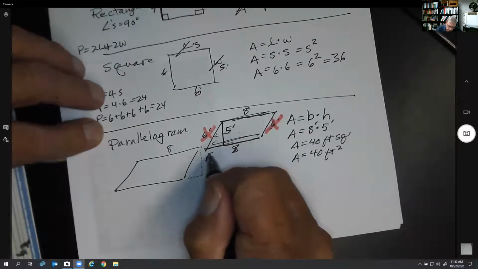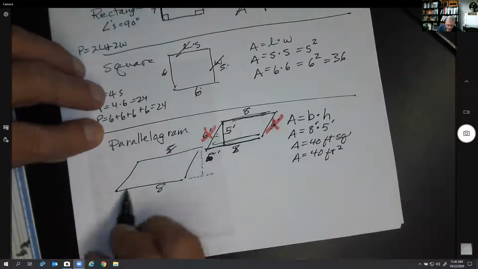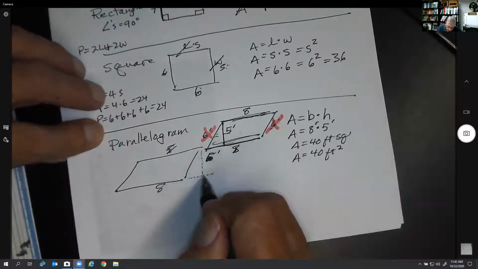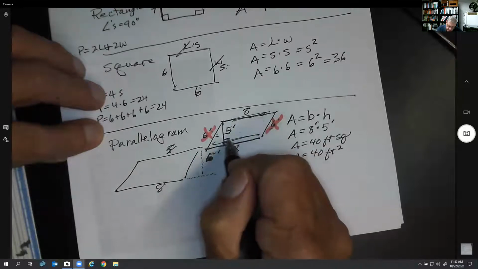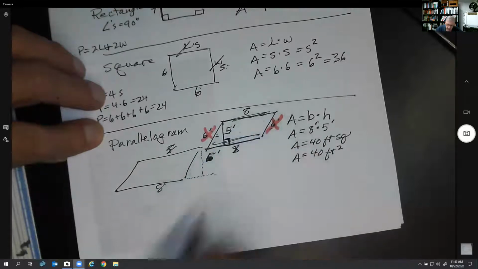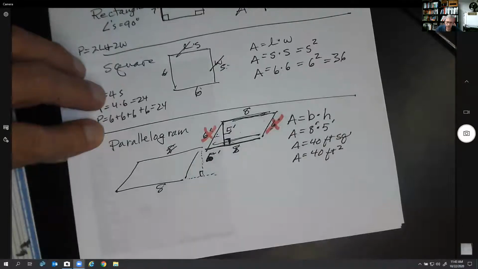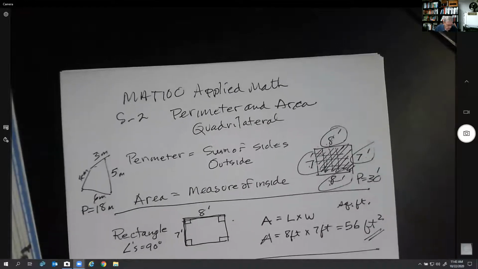So this was 5 feet. We could take this 8 and put it down there. So base is 8, height is straight up and down. It has to be perpendicular. In other words, this is a right angle right here to the base. Right angle. Important.